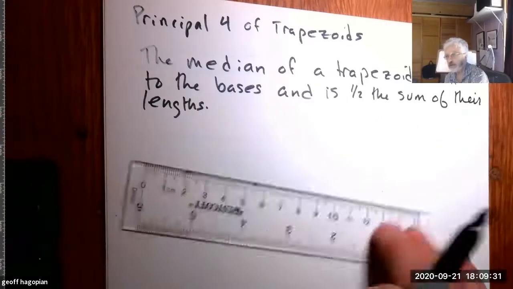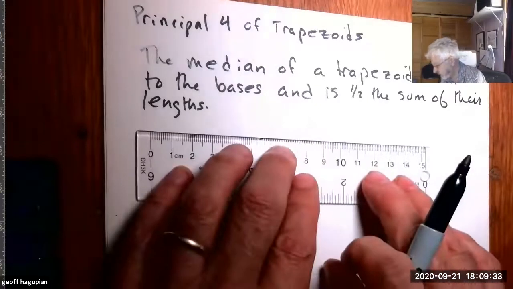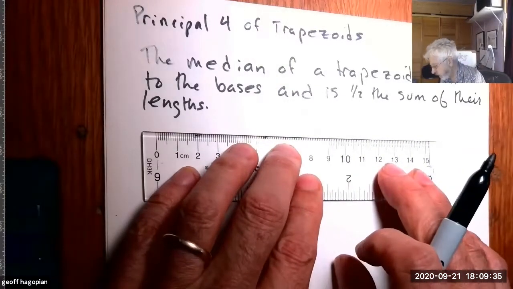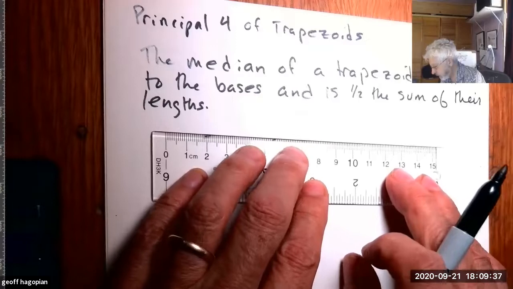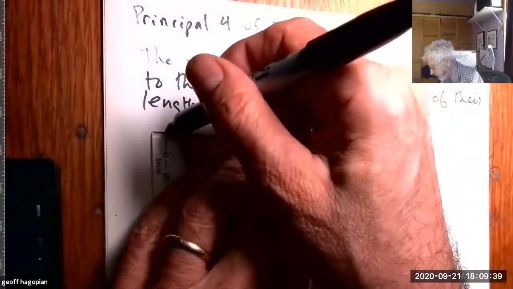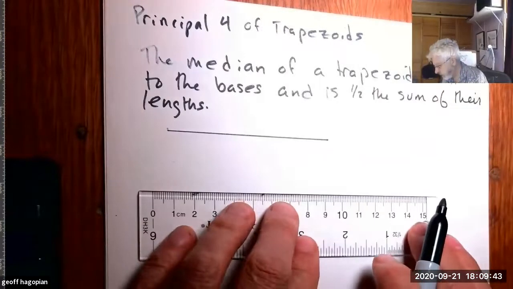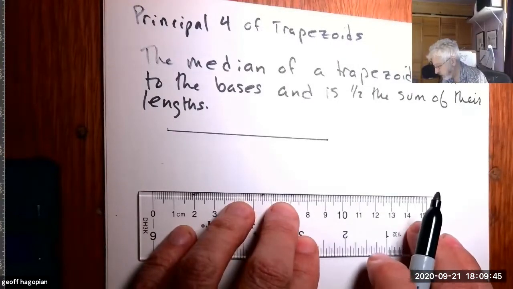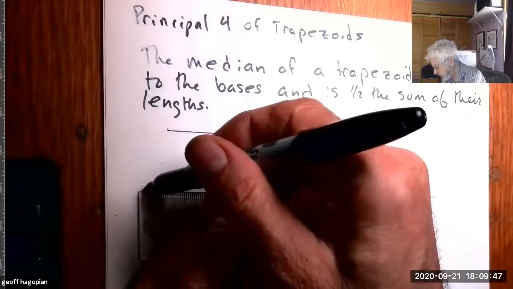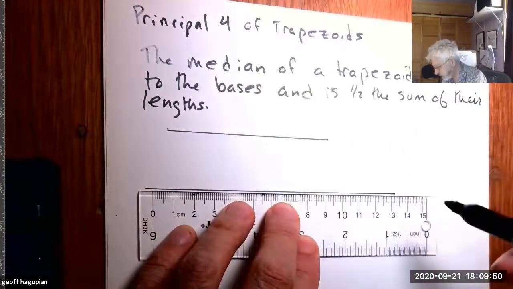For now, all we need are straight edges. Right, so how do you find the midpoint? Well, actually, I'm going to draw a trapezoid like so.